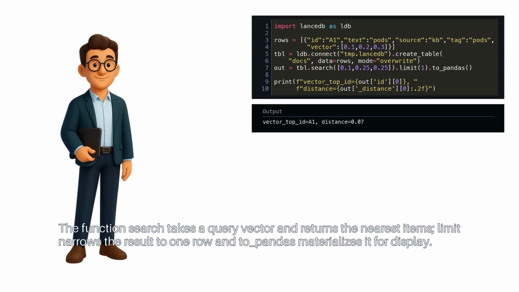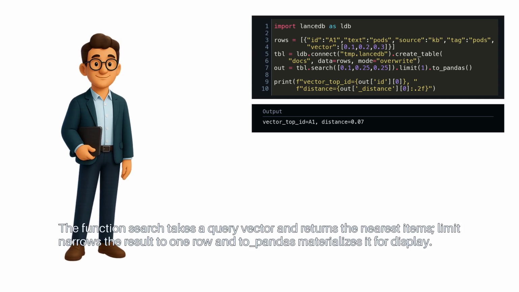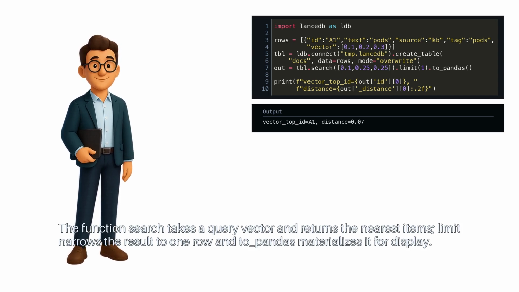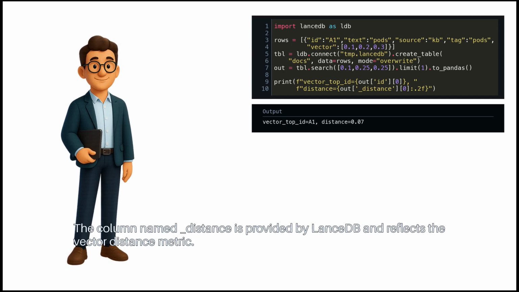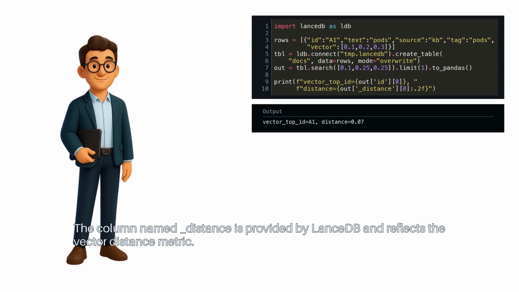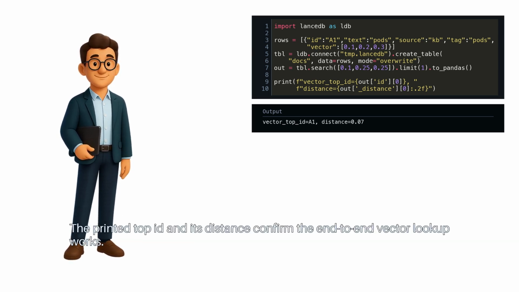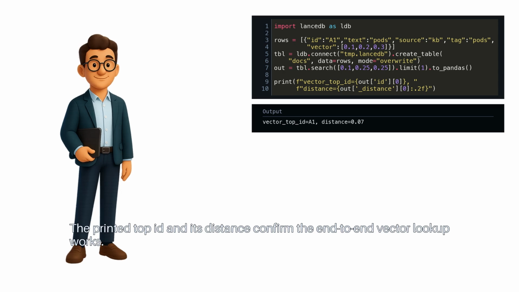The function search takes a query vector and returns the nearest items. Limit narrows the result to one row, and to_pandas materializes it for display. The column named _distance is provided by LanceDB and reflects the vector distance metric. The printed top ID and its distance confirm the end-to-end vector lookup works.